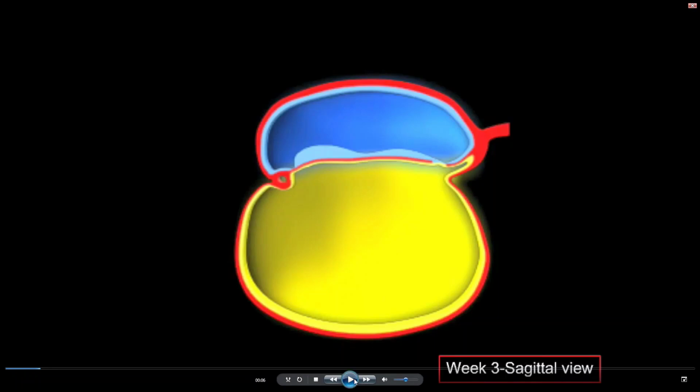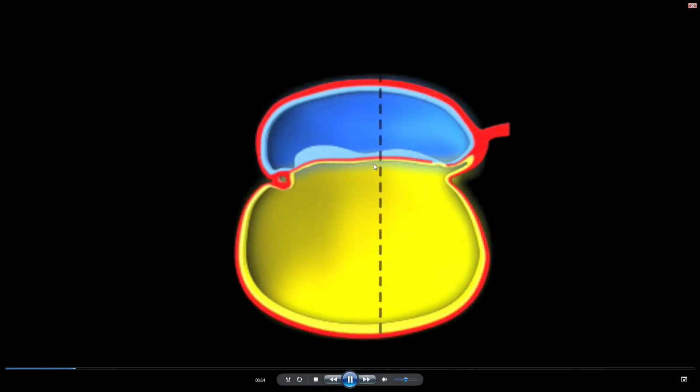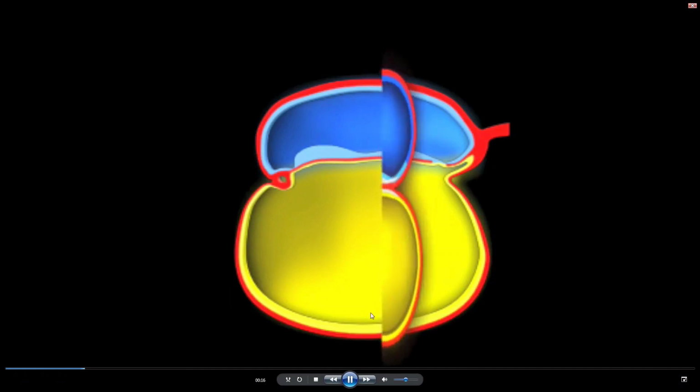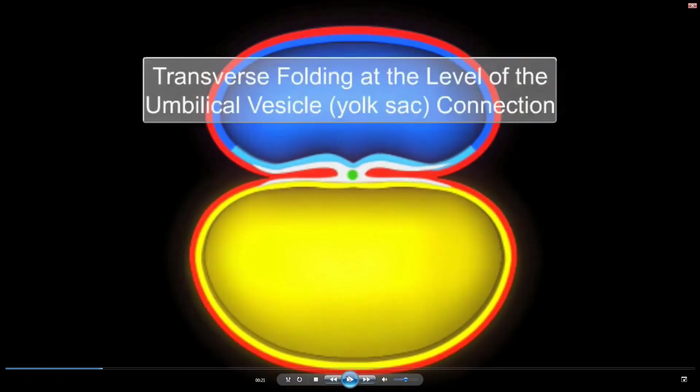First let's have a look at folding in the transverse section. We have 3 layers because this is a trilaminar disc, a trilaminar embryo. This is the section, and now we have a transverse section over here. In the middle, we can see the notochord right here, this green one. Here we have a neural groove.